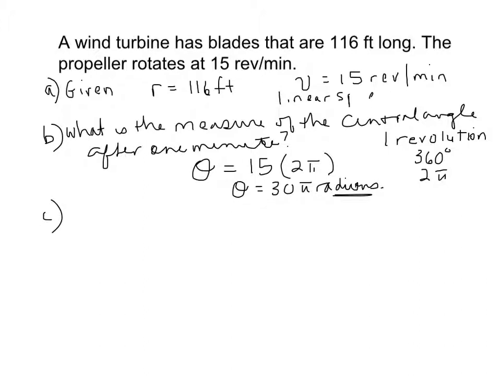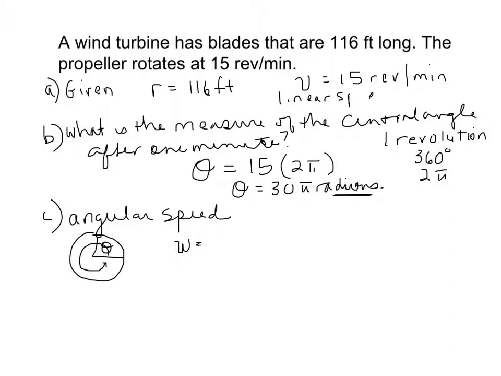Okay, so let's look at angular speed. We know that angular speed is the change in the angle as it goes around the circle, so the change in theta over time.